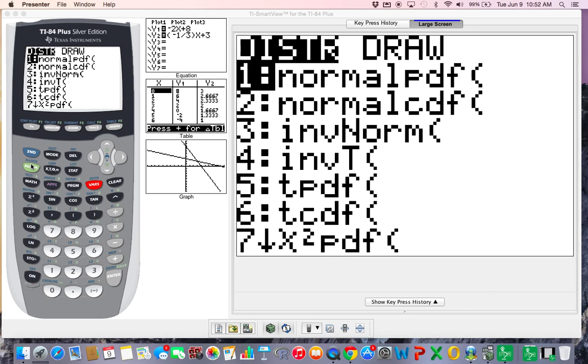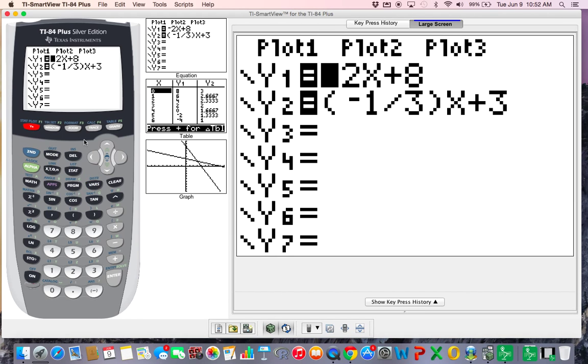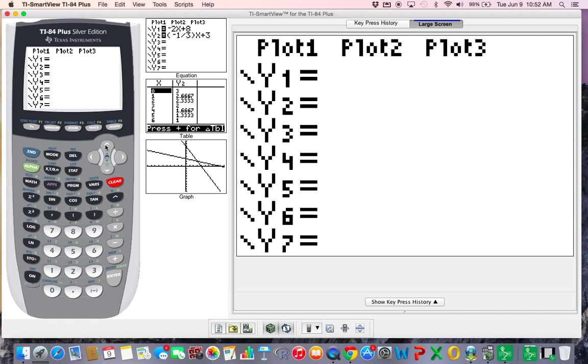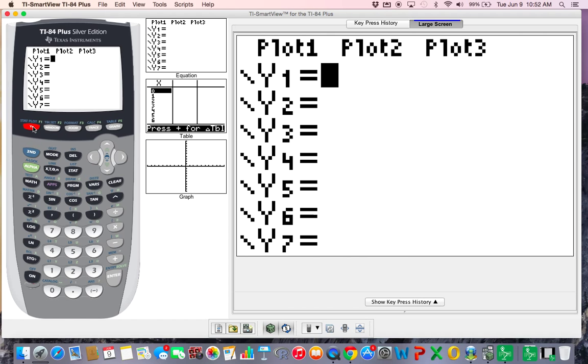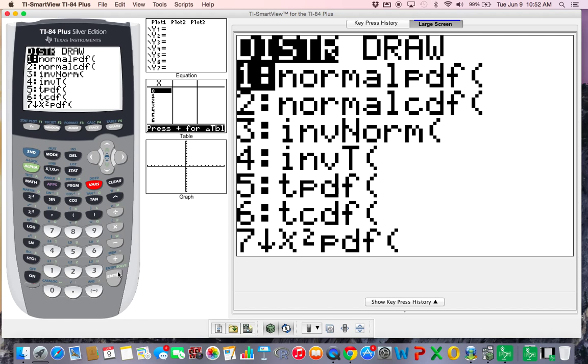So what we could do is go into Y equals, and let's clear out the stuff that we have there previously because we don't want that to mess around. I also want to go into stat plot and turn those things off, but they're already off, so I don't have to worry about that. With the cursor flashing at Y1, I can get that normal PDF.